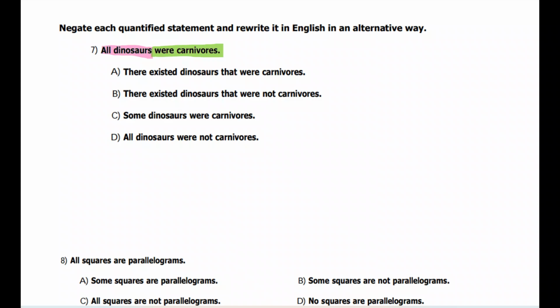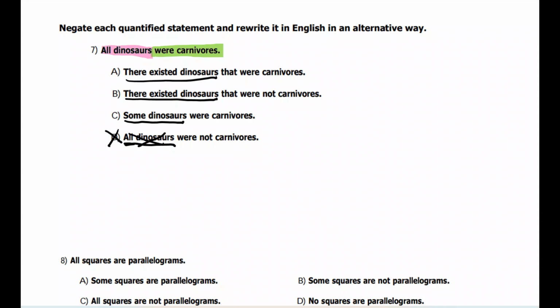So that would automatically eliminate choice D, because choice D still says all dinosaurs, and you can't have that. C says some dinosaurs, but both A and B also say there existed dinosaurs, which implies that there were some dinosaurs. So any one of those three makes sense.